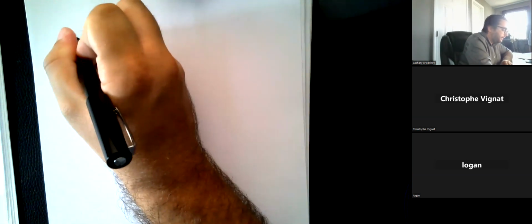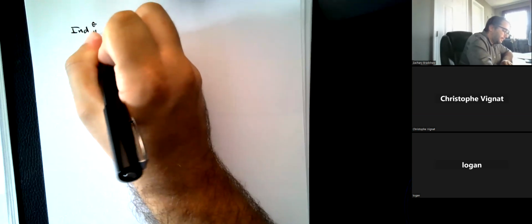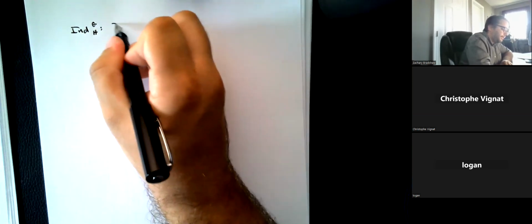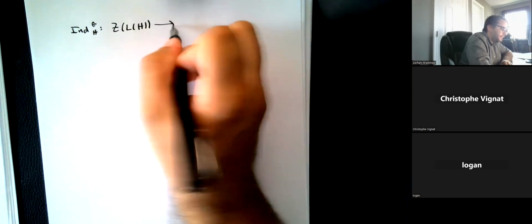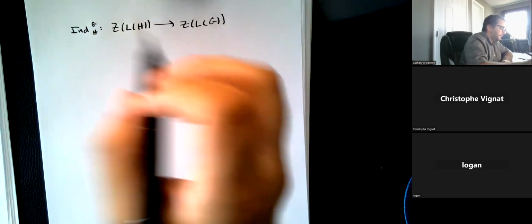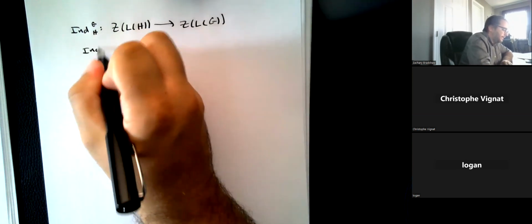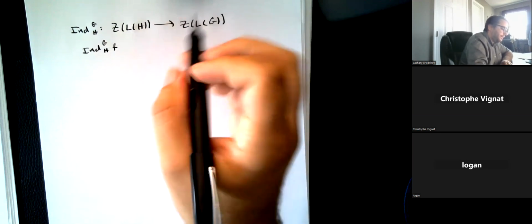Okay, so the map called the induced map is defined this way.